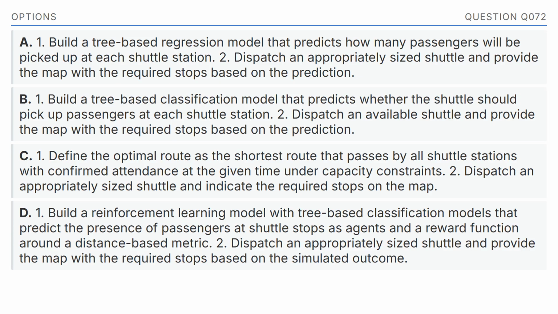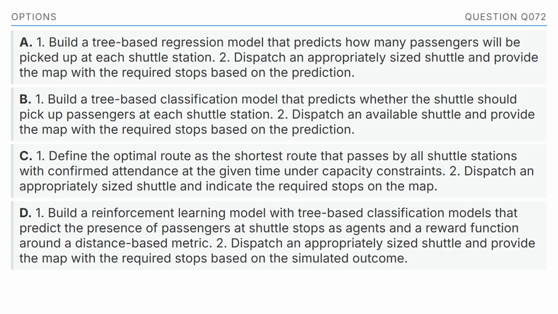Dispatch an available shuttle and provide the map with the required stops based on the prediction. Option C, 1. Define the optimal route as the shortest route that passes by all shuttle stations with confirmed attendance at the given time under capacity constraints. 2. Dispatch an appropriately sized shuttle and indicate the required stops on the map.